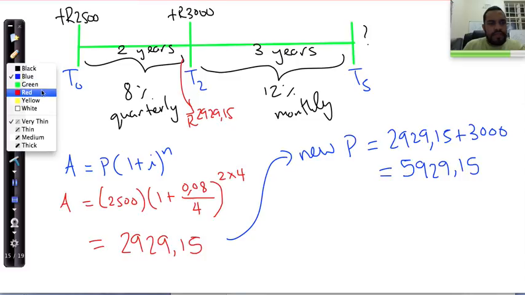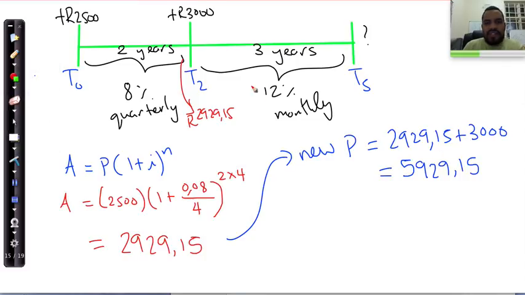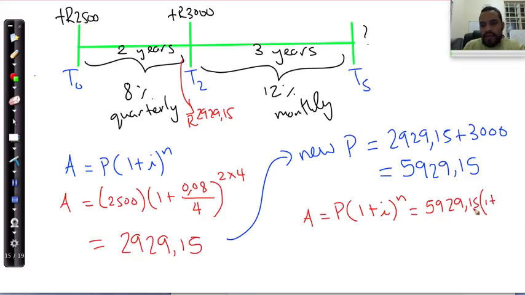Well, let's take that a step further. Now I need to calculate the value of the investment over this period of time. And I'm going to use the same formula, A equals P, 1 plus I to the power of N. And then we're going to substitute in that. P is now going to be 5,929,15 multiplied by 1 plus, okay, this isn't going to work out for me here.